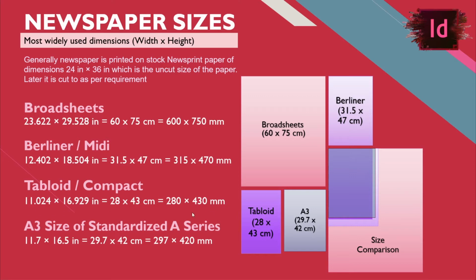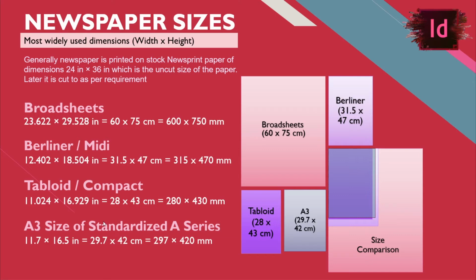The same dimension is also called compact, but the reason they have different names is the nature of content they carry. While tabloids were originally designed to carry more sensational news, compacts deal with more serious news, and that's why they don't like to be called tabloids, and this new term compact was coined.